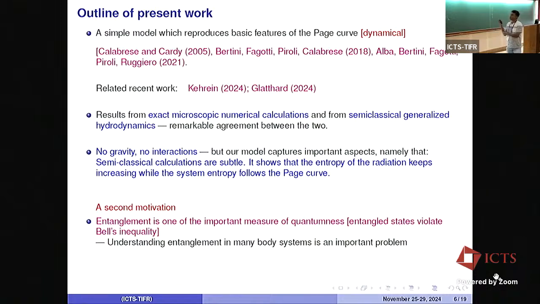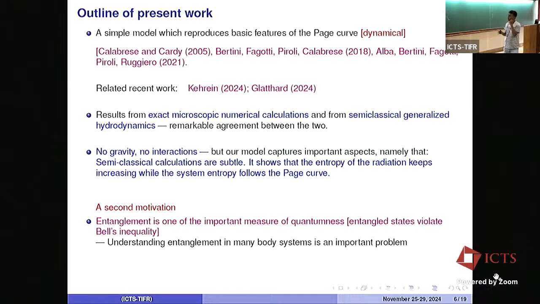The main results that we have are from exact microscopic numerical calculations, and then some generalized hydrodynamic calculations. It's basically kinetic theory. One of the surprises is that these two calculations agree quite remarkably. Of course we have no gravity, no interaction, so in some sense it's a very trivial model, but I think it still captures some important aspects, namely that semi-classical calculations are subtle.